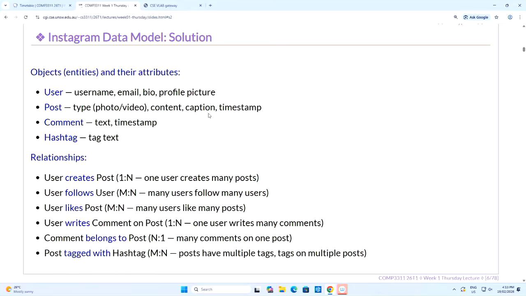So as you can see, these are the entities that we are interested in. After we write down all of the entities, all of the nouns in our business, we can talk about the relationships between them.